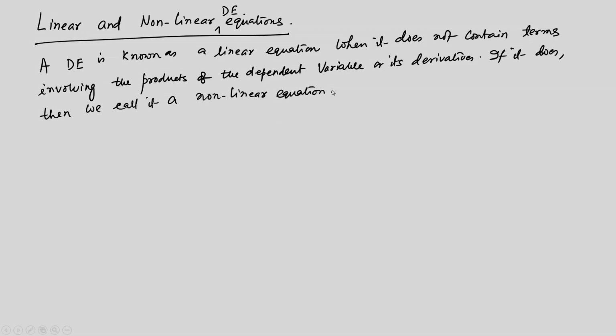Okay. So, say for example, y double prime plus 3 y prime plus 2 y equal to say f of x. This is the example of a linear DE, because there is no product term.